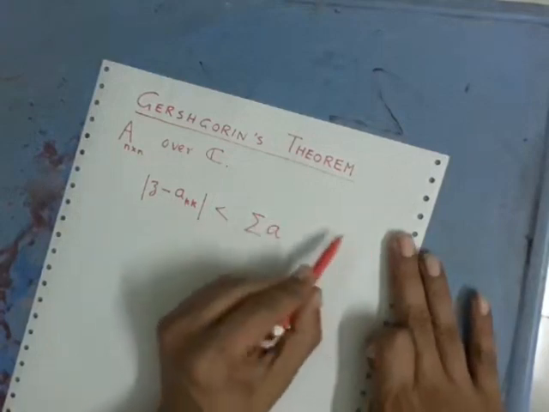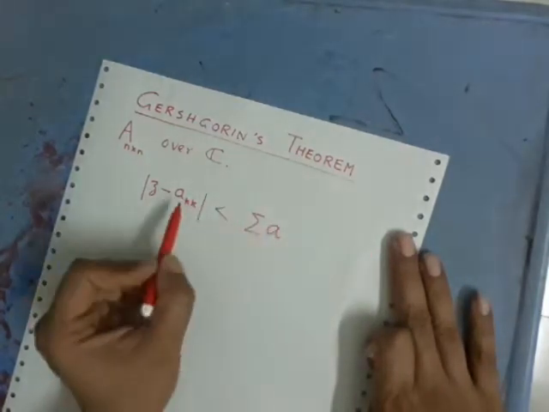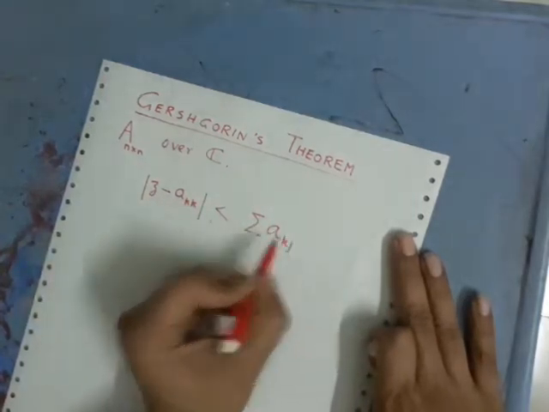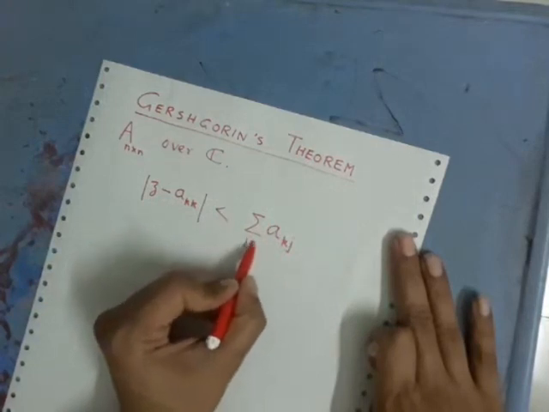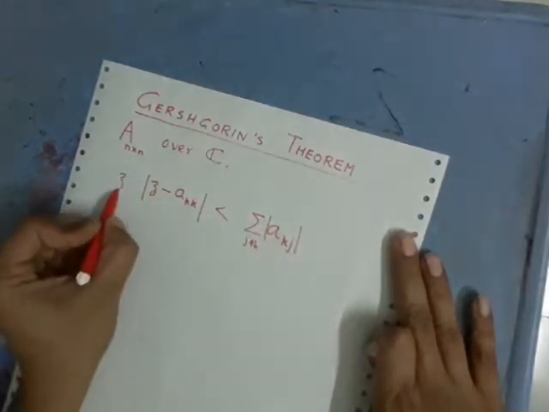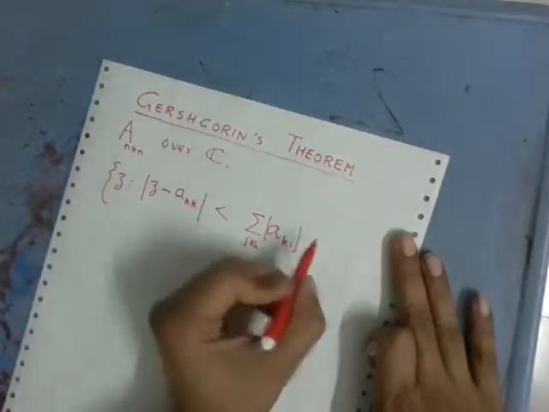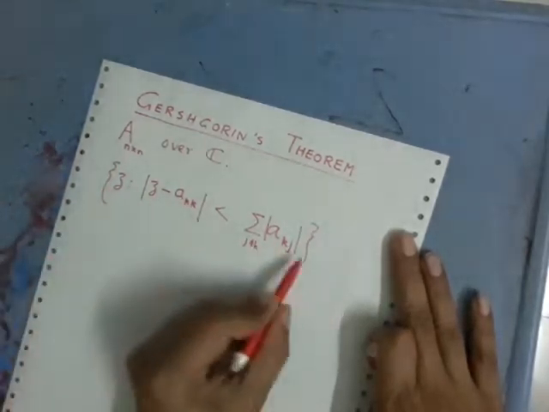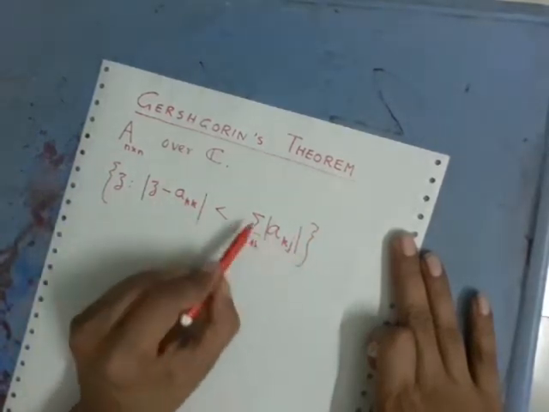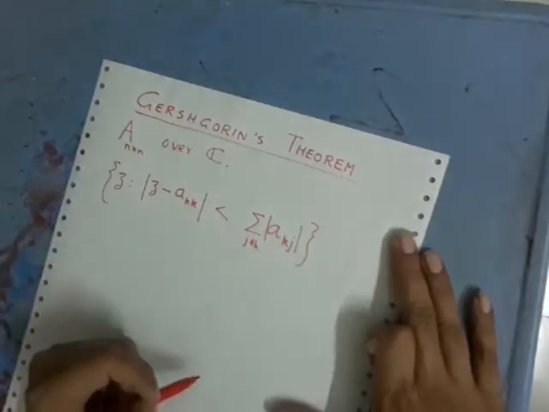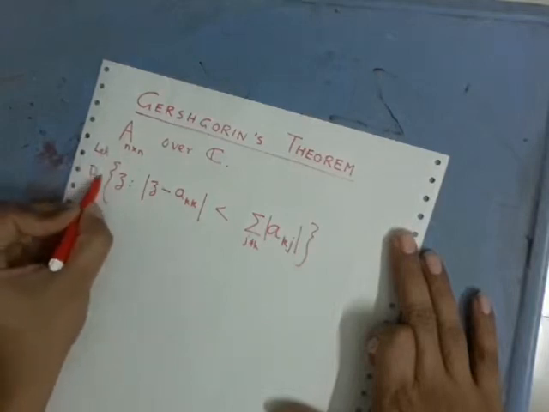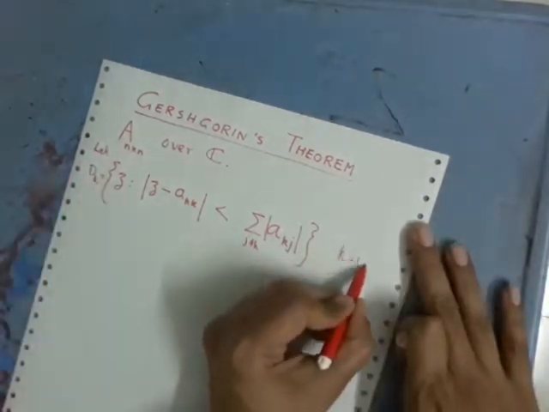You look at all the entries in the same row as a_kk except the diagonal, which is the kth row, jth column, j not equal to k, all the off diagonal entries, and take the absolute value of that. So you consider this set, all complex numbers z such that this holds. So centered at a_kk and with this radius, I am considering a disk. If I give it a name, suppose I call it T_k for k from 1 to n.